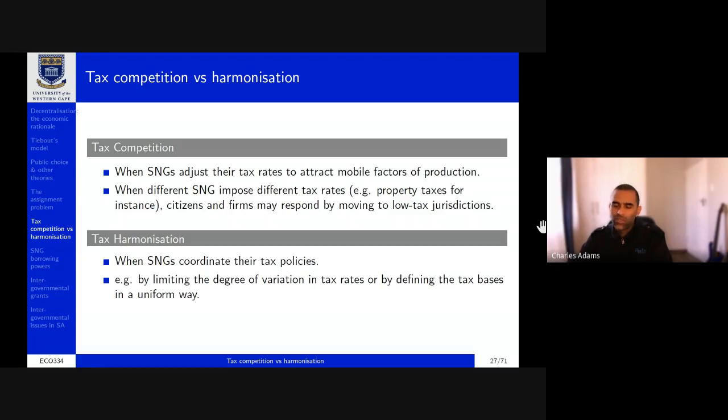We're going to do things differently so that we can attract the wealthier individuals to come and move to the Western Cape and invest in property here and pay property taxes here. Rather, you have coordination around how to set property rates, how to define thresholds, and all these sorts of things.